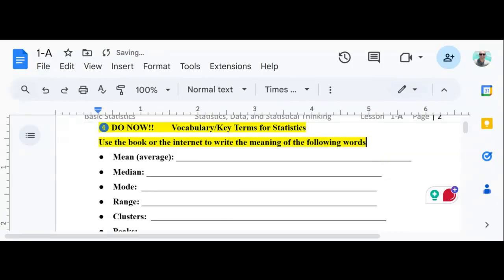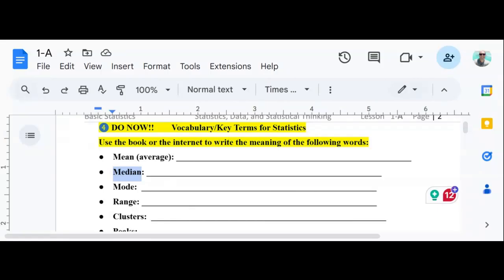You want the word for median? Try to find a few words like mean, average, median, mode, range. Would you like us to give out loud answers? Yeah, if you want, no problem. You finish with the first one? Second one? Okay, you want to say what's median? It's the middle number in a sorted list of numbers.